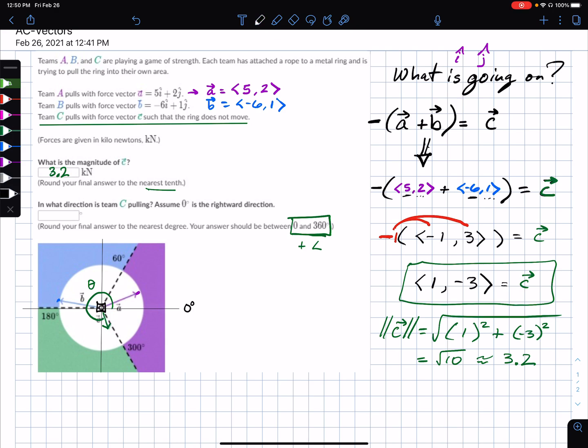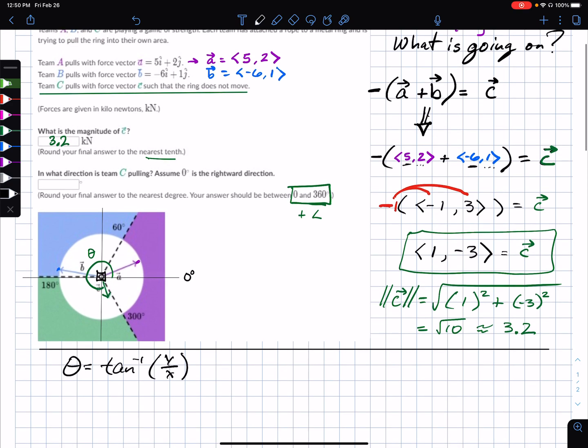But what we're going to have to start with is finding just theta using our formula. Remember, every time we use this formula, we need to unpack or adjust for what quadrant we're in. We are still using vector C for our x and y components, so it'll be tan inverse of -3 over 1.